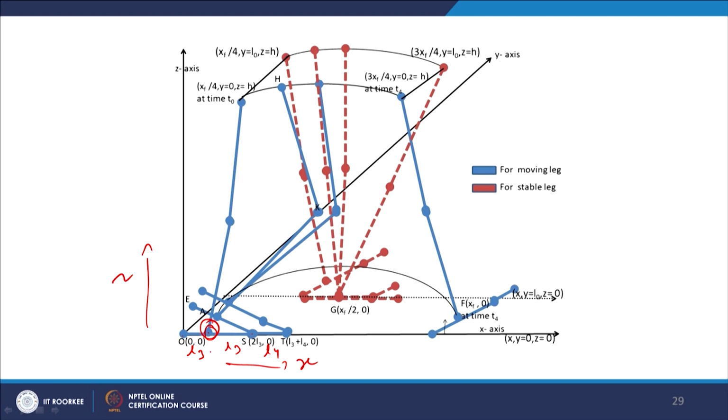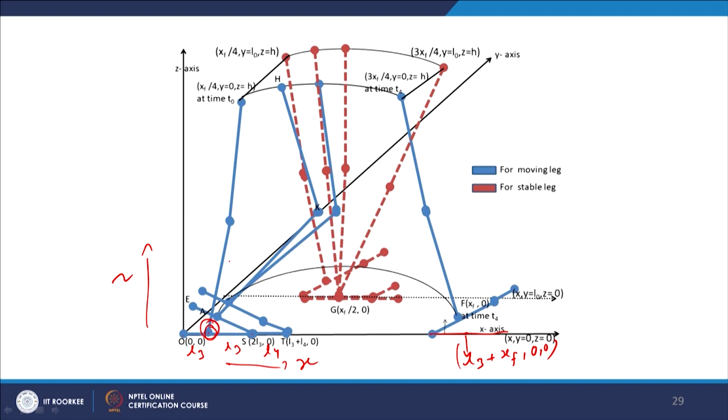So, L3 0 0 is the initial position of the ankle, and the final position when it comes flat on the ground will be X_F 0 0, that is x1 plus X_F 0 0 will be the final position of the ankle.